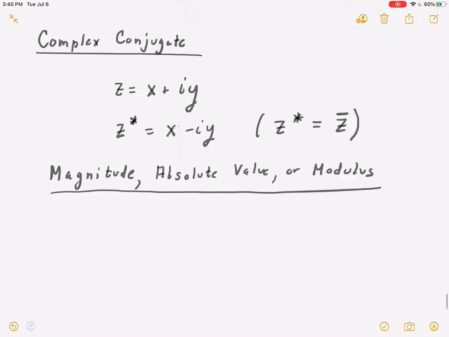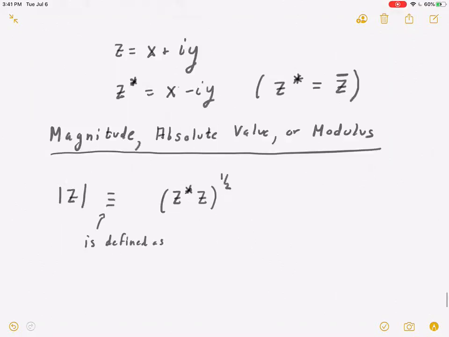So the magnitude, modulus, or absolute value of a complex number, written with 3 vertical bars, is defined as the creature you get when you take the complex conjugate of that complex number, multiply it by the original complex number, and then take the square root of the result.